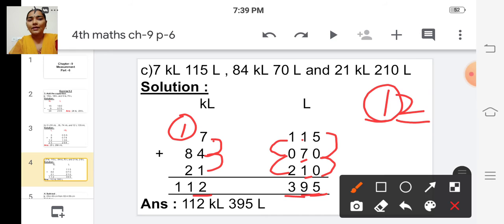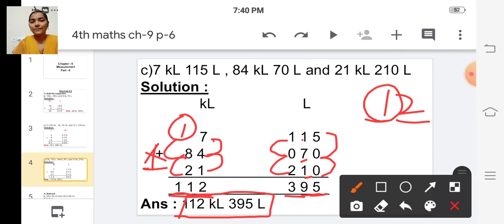And now add 1 plus 8 is 9, and 9 plus 2 is 11. So we can write 11 in the answer because no other numbers are here. So we can directly write 11 in the answer. So the answer is 112 kiloliter and 395 liter.